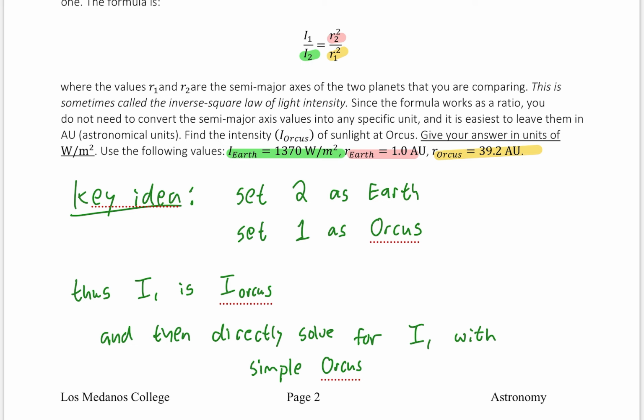Plug all your values in. I have a note about how you don't have to convert in this case because it's a ratio and the units are going to cancel out anyway, so you don't have to worry about converting AU to kilometers, let alone meters, as you have to in some equations, but you don't here. Essentially, if there's no constant, you don't have to as a general rule. So here you don't, and you will naturally get the same units for I as your other expression for I.